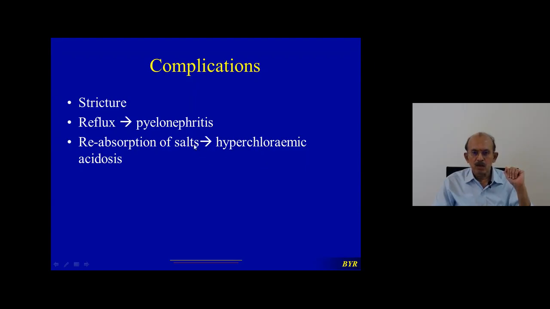This last point, reabsorption of salts producing hyperchloremic acidosis, is one of the frequently asked questions in the PG entrance examination. What is the biochemical abnormality produced after ureterosigmoidostomy or diversion of urine into the sigmoid colon? So that is the question.